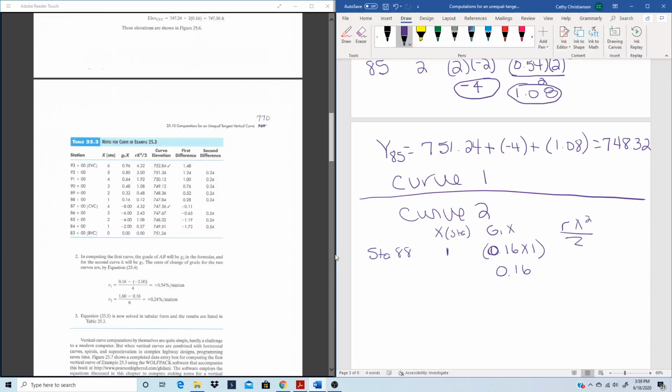The R for the second one is 0.24. Our x squared is 1, and divided by 2. I'm going to circle, and we would get 0.12.